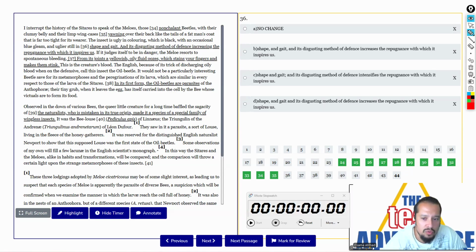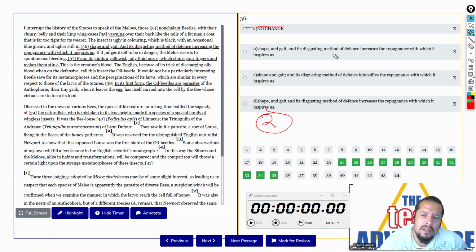There are two. The only option that can work, unlike the others, would be answer... wait, hold on. I think I made a mistake here. Just one second. It says which is black on the occasion and uglier still in shape and gait, as a defense.